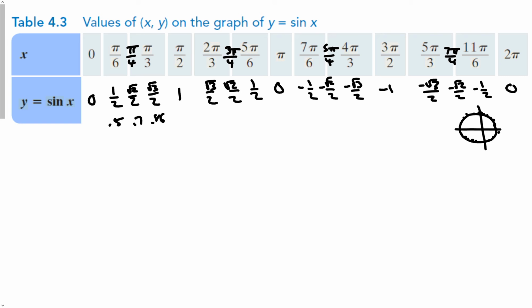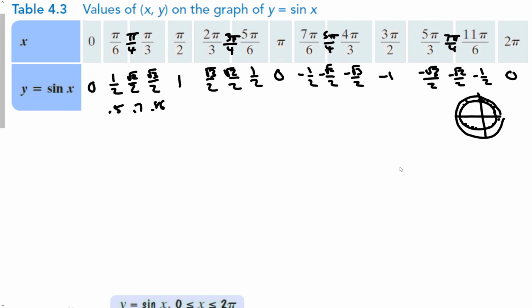So you can see that these values are increasing until you get to 1, and then they're decreasing, and then they're increasing again. Just like the y coordinate, increasing, decreasing, and then increasing back again.